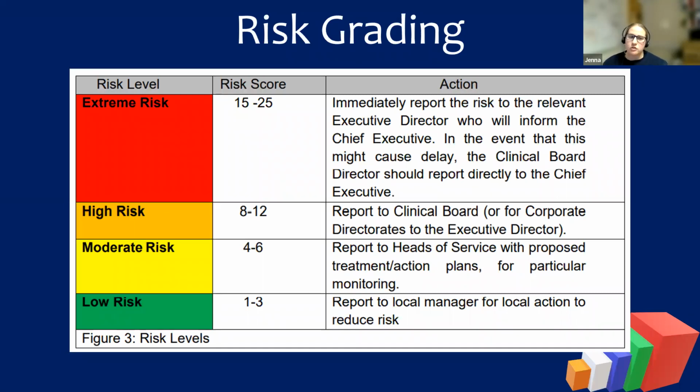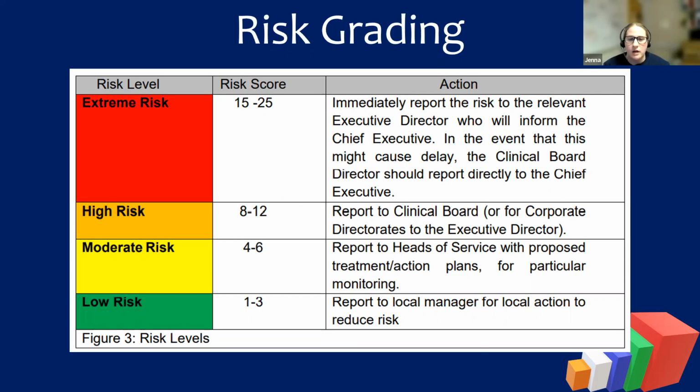So if your score comes out between a 15 and a 25, then those kinds of risks are really concerning, and they are the ones that should be escalated to clinical board.